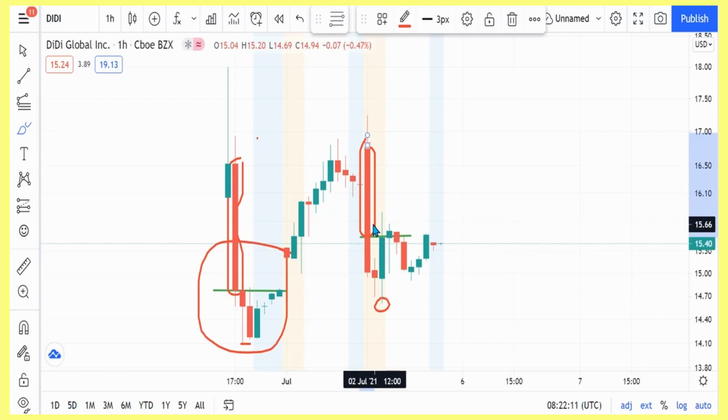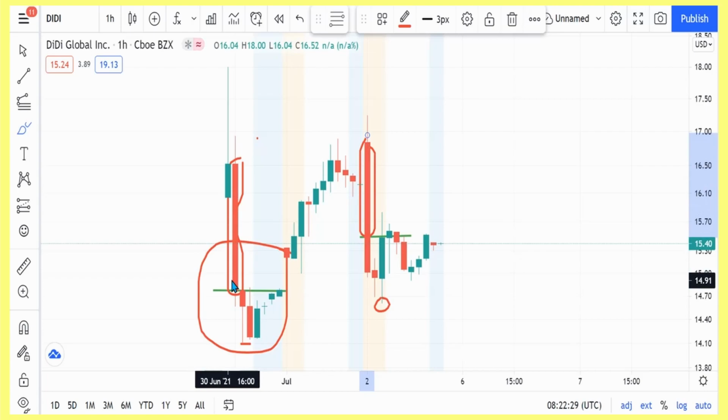So why are we looking for a pattern? Some of you may still not be clear what I'm trying to do here. Let's go back to the first one. We do have a bearish, red candle here, right?